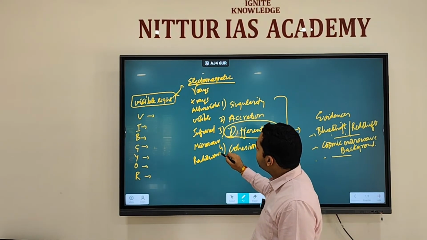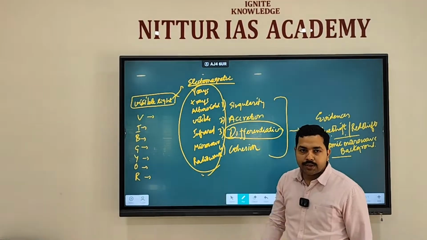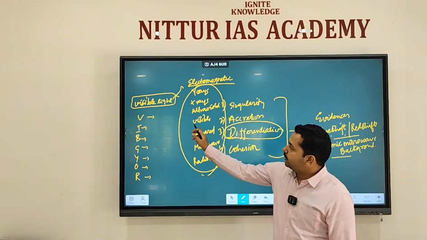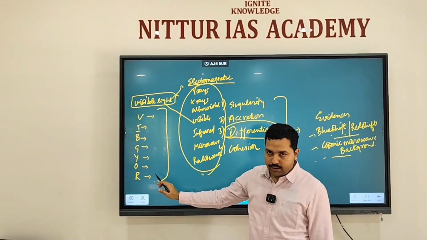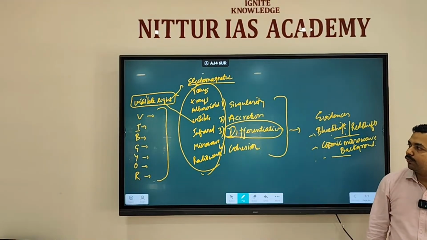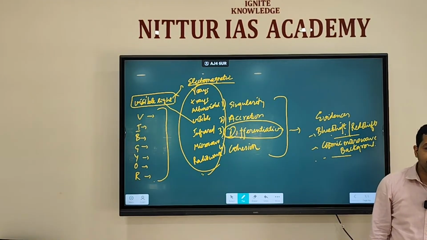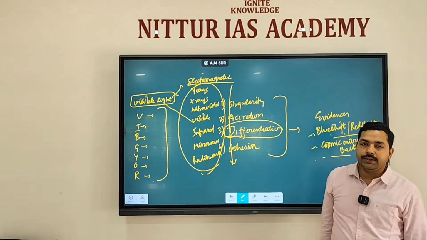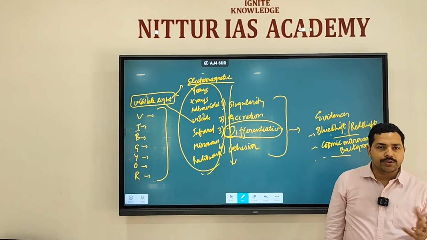These constitute your electromagnetic spectrum. Clear? This visible light is of 7 types, which we call Vibgyor: violet, indigo, blue, red. Clear? Out of these radiations, which have a longer wavelength, these are electromagnetic waves.